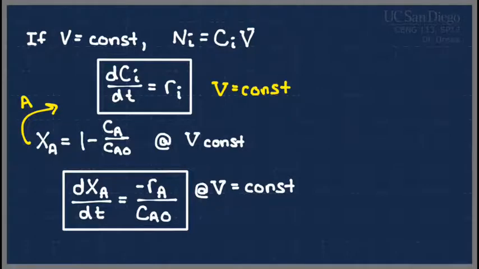Yeah. So when you derive the expression for Ni is equal to CiV, you said that it's usually for dilute samples. No, that was, so Ni is equal to Ci times V is a general definition. It's not a derivation. But when you do the dCi dt equals Ri, for V equals constant, and that's for dilute samples, right?